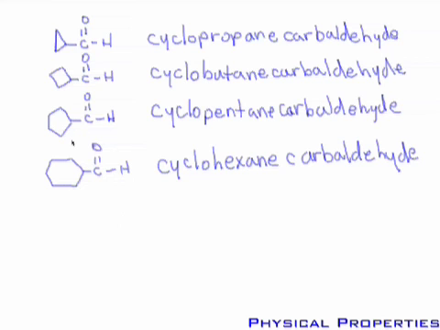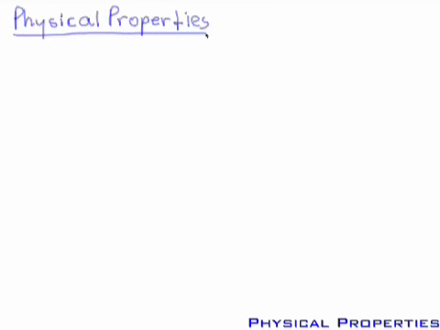Okay, well that's a quick summary of the nomenclature of aldehydes and ketones. One of the things we want to look at before we leave, though, are physical properties of aldehydes and ketones. Now, whether I draw an aldehyde or ketone, they both have one common feature, and that is derived from the carbonyl group. The presence of the carbonyl group leads to several related features.